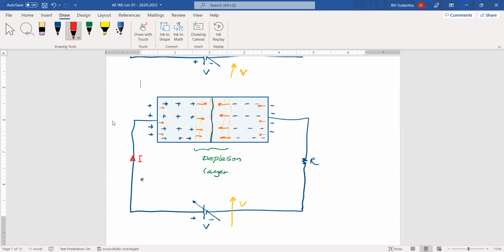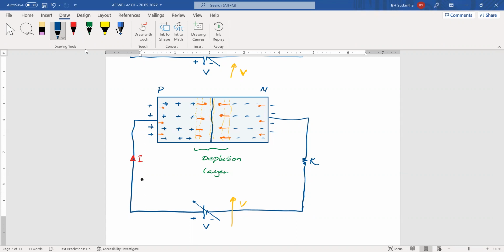And when we have this mode, we say what we have done here. We have connected a battery. This is the positive terminal of the PN junction, and this is the negative terminal of the PN junction. We have connected the negative side of the battery to the N terminal, and we have connected the positive side of the battery to the P terminal.